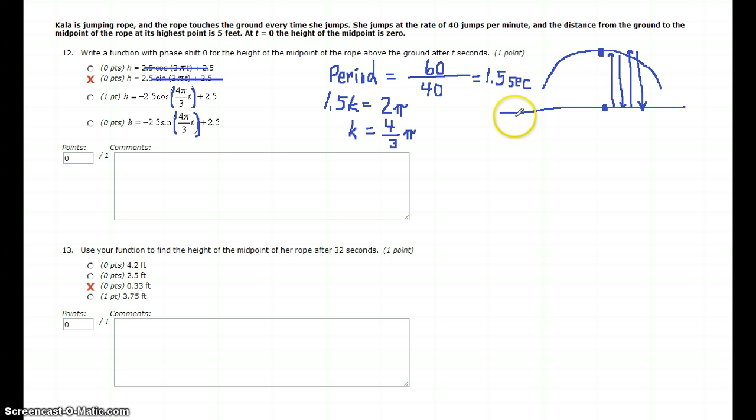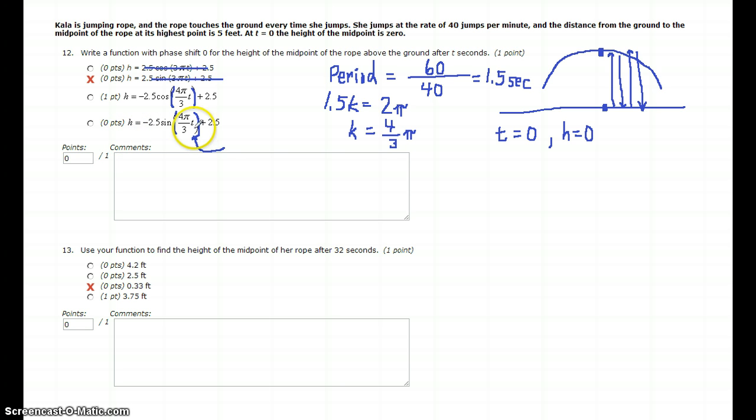The additional information we have is that at time t equals 0, the height, or the h, is equal to 0. If we plug in t equals 0 right here, we want h to also equal 0.